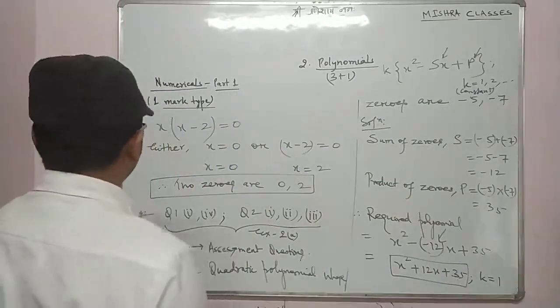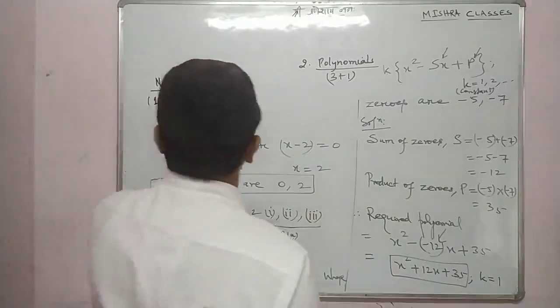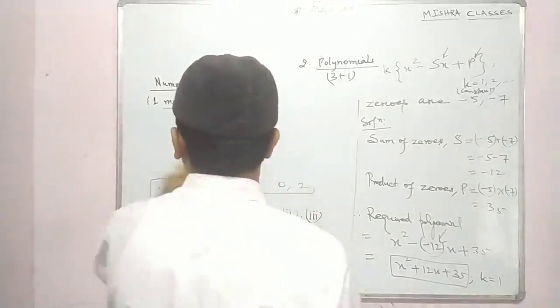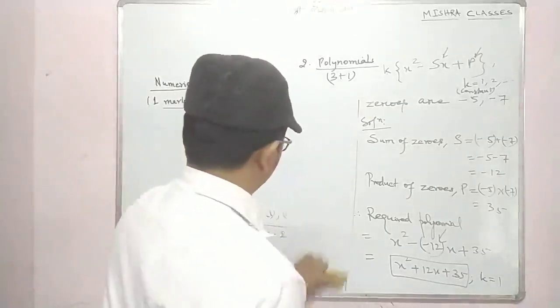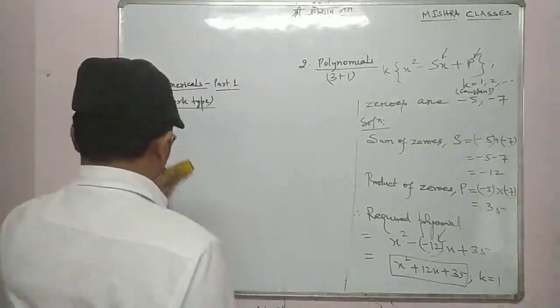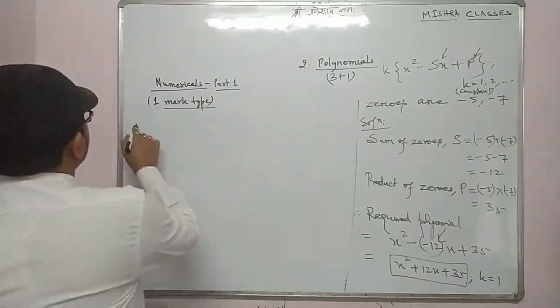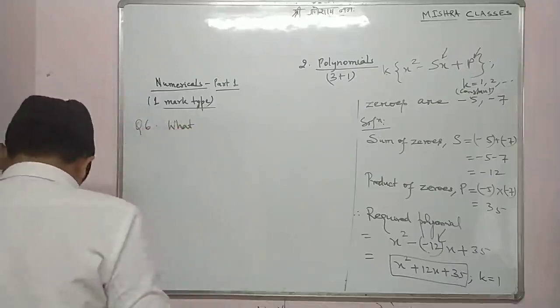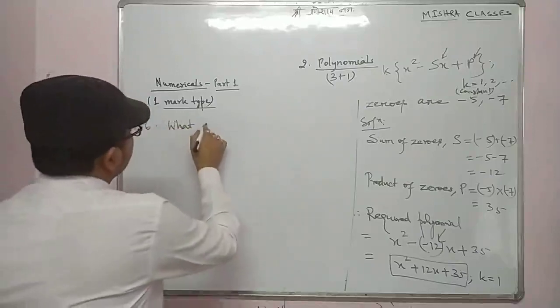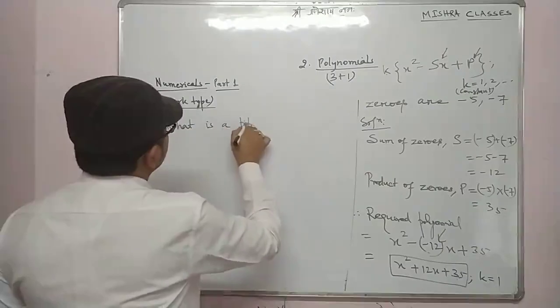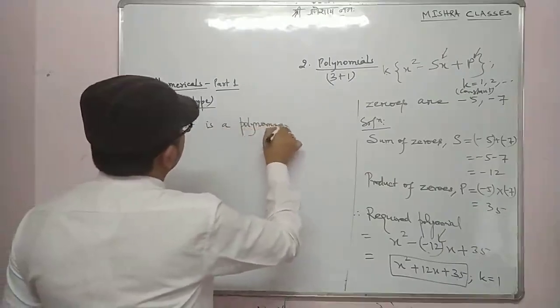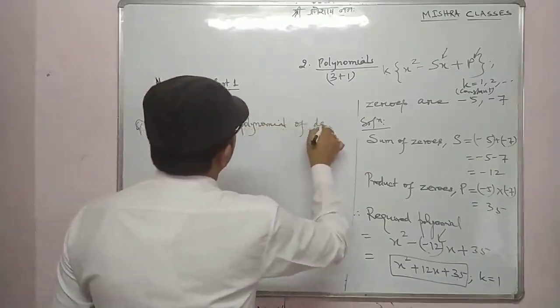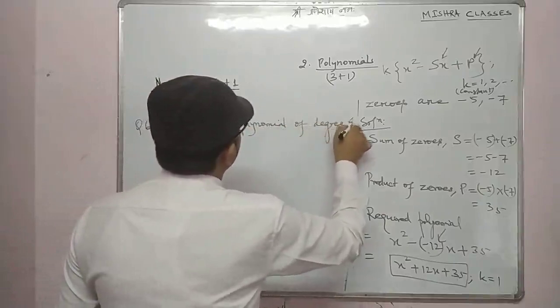Now question number 6. What is a polynomial of degree 4?